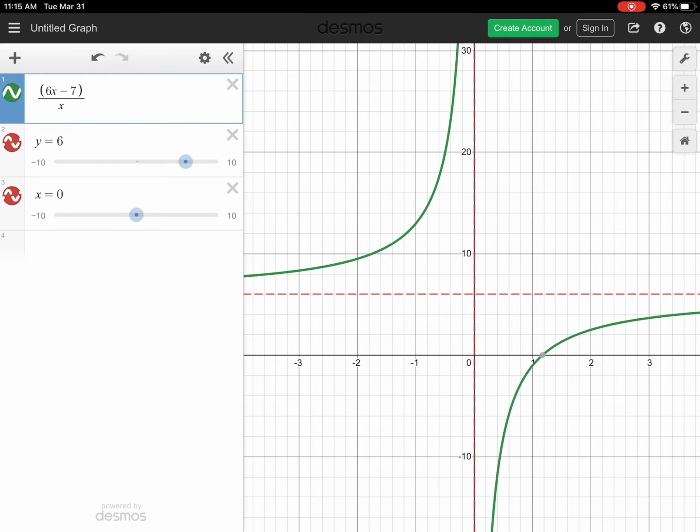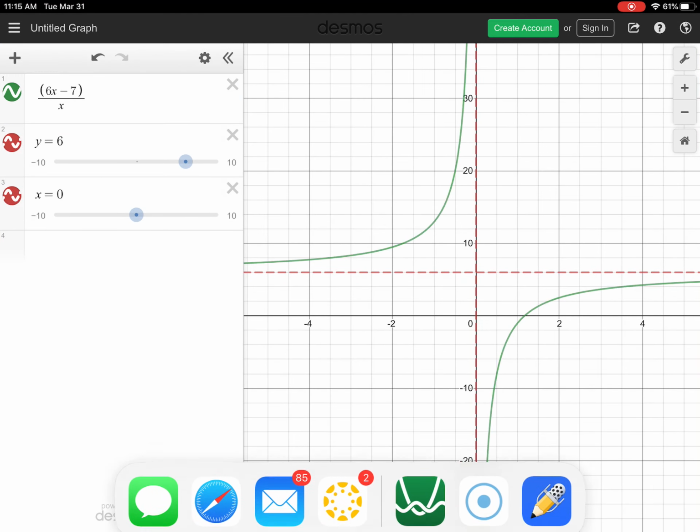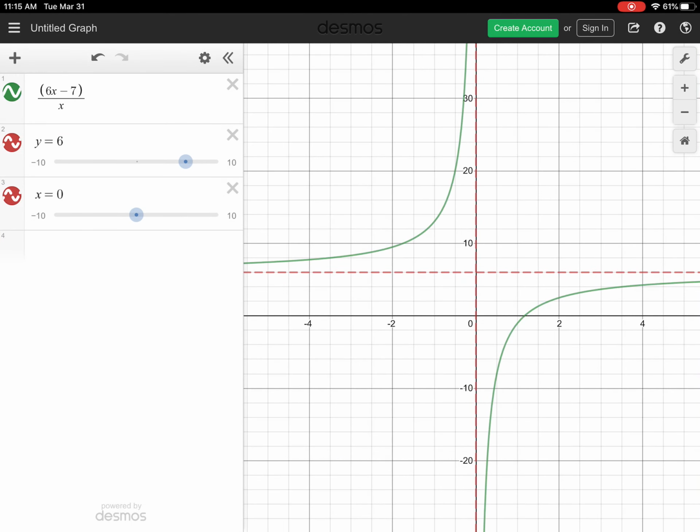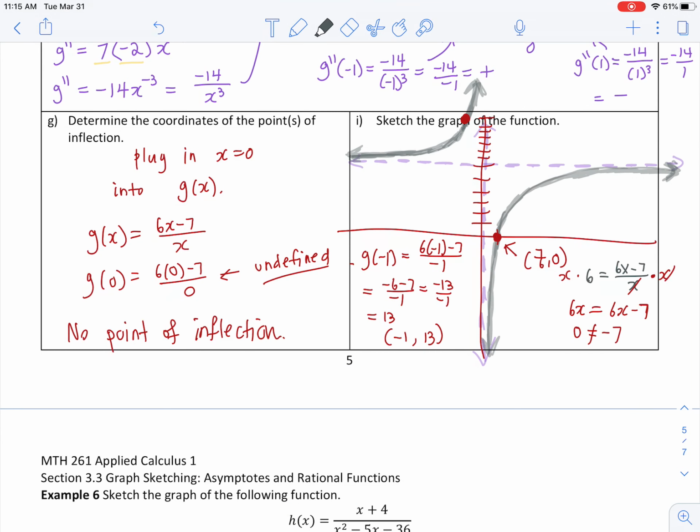So that's looking great. And it's concave down to the right side of this graph, and it's concave up to the left side of that 0. And it's increasing everywhere. Notice from left to right, this graph is going up. So definitely check your graph after graphing things by hand.